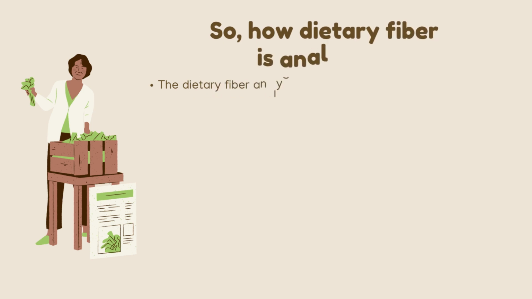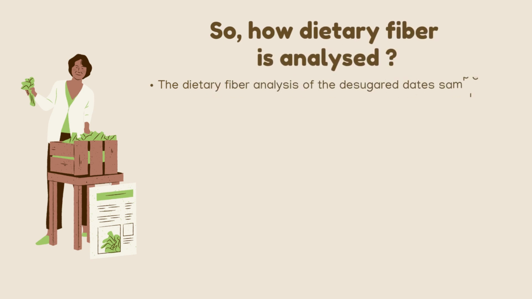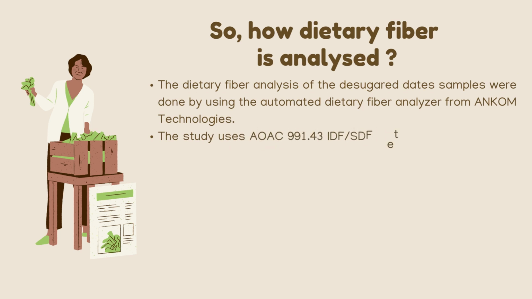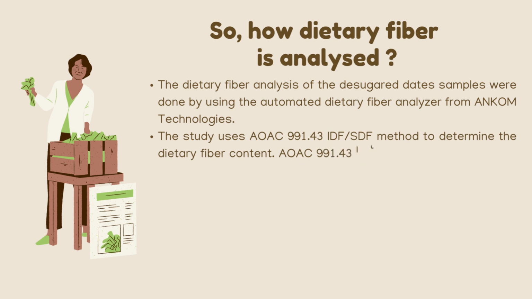So, how is dietary fiber analyzed? The dietary fiber analysis of the desugared date samples was done using the automated dietary fiber analyzer from NCOM Technologies. The study uses the AOAC 991.43 IDF SDF method to determine the dietary fiber content.